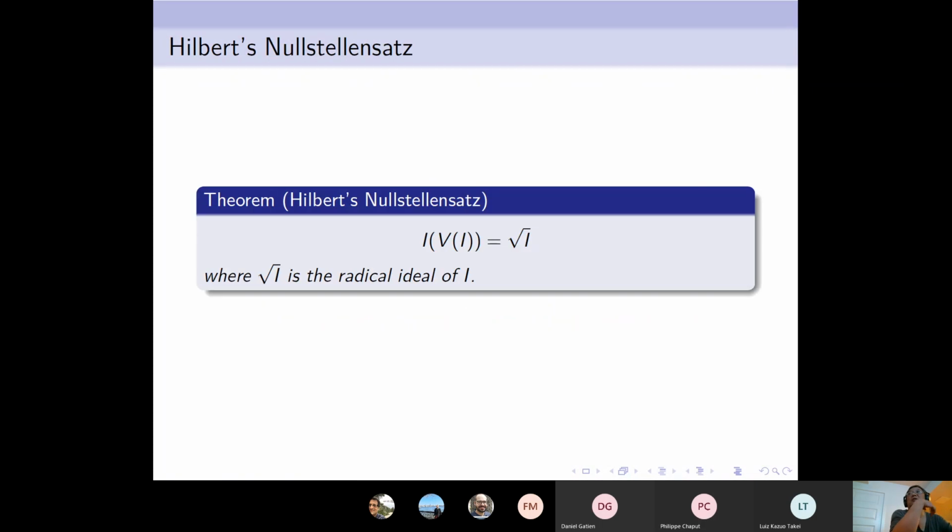And Hilbert's Nullstellensatz tells us that if we do these two operations, I(V(I)) will be the radical of the original given ideal I.